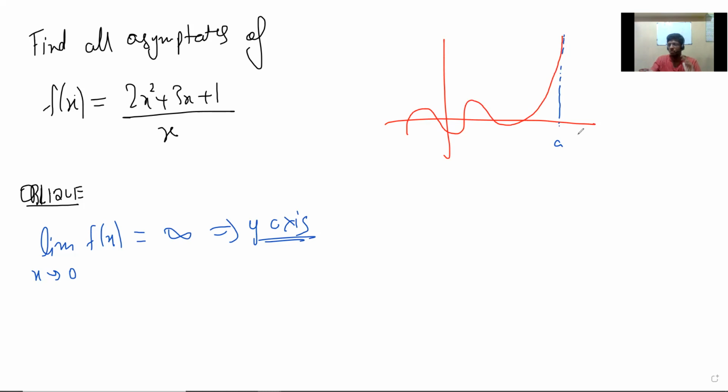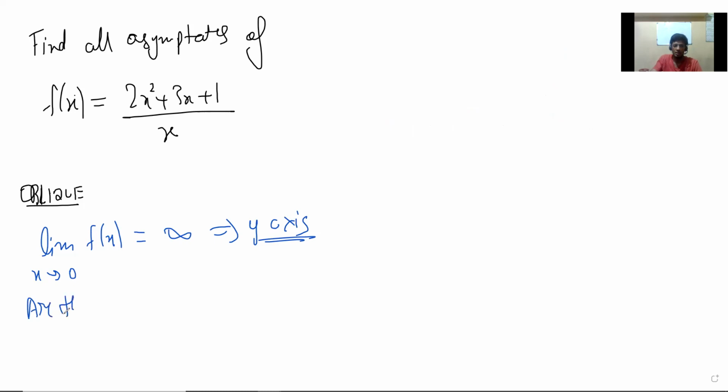We don't need any method. And now, are there any other asymptotes? How do we find that? People can guess, I suppose, but we want to be able to say clearly whether there are or there are not.